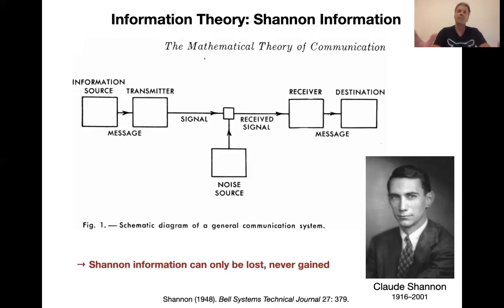So one very important feature of Shannon's information that you need to consider is that Shannon information can only be lost through noise. It can never be gained in information theory. And this is a problem in biology.